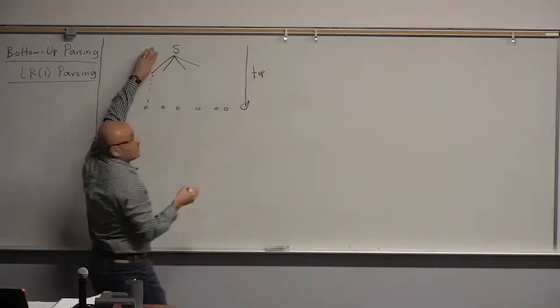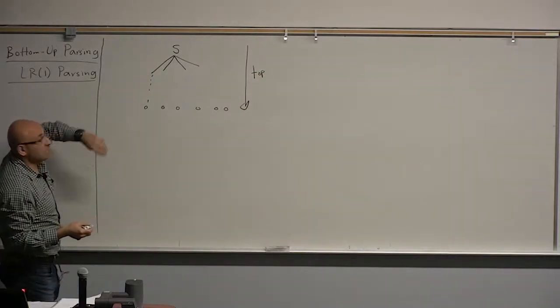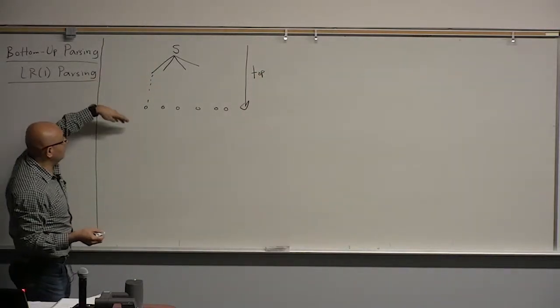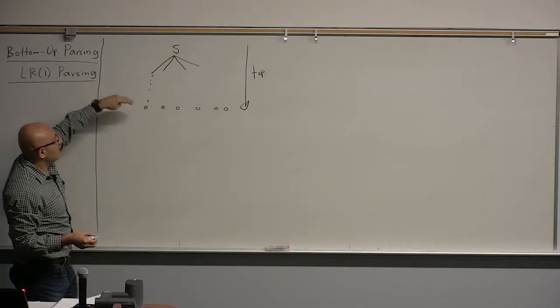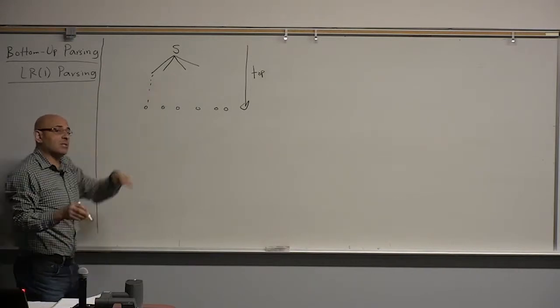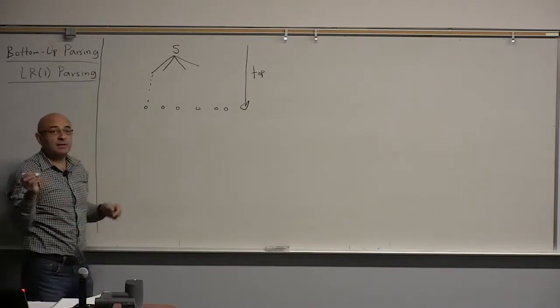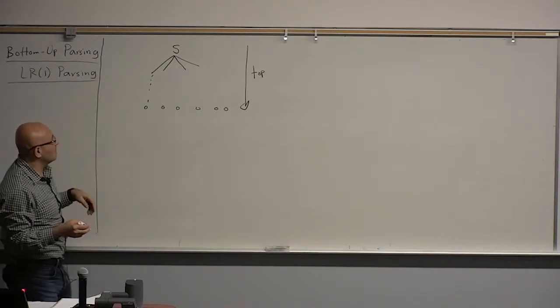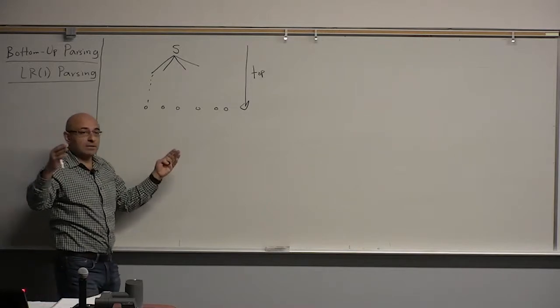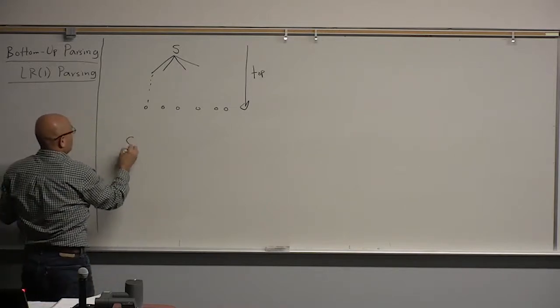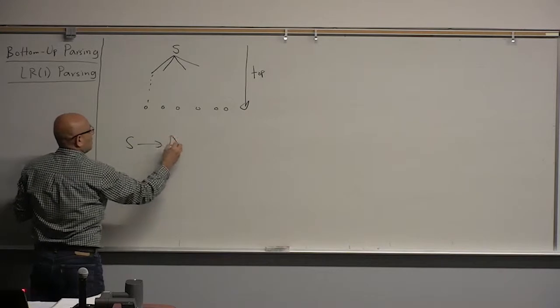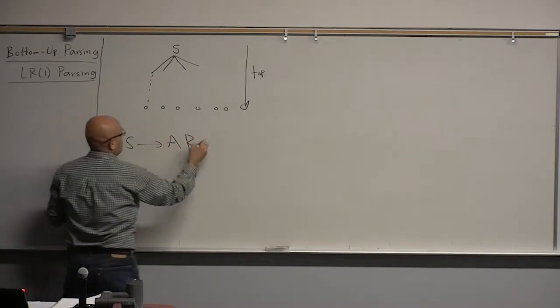So in top-down parsing, we start with the root, which is the start variable, and then we keep making substitutions or expansions. In fact, our substitutions in top-down, we call them expansions because they increase the number of symbols. So typically, you substitute S with AB, or maybe ABC.